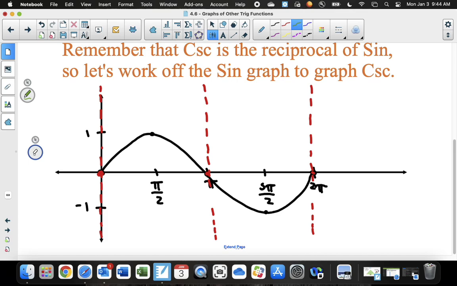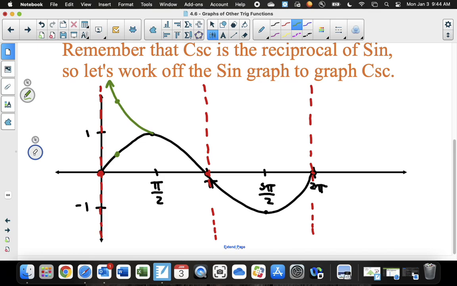The idea is this. As these y values are increasing, the values on the cosecant are actually decreasing. Here's what that looks like as a graph. Looks something like that. These values are decreasing. If I took this point right here and I took the reciprocal of it, it would give me that point right there.